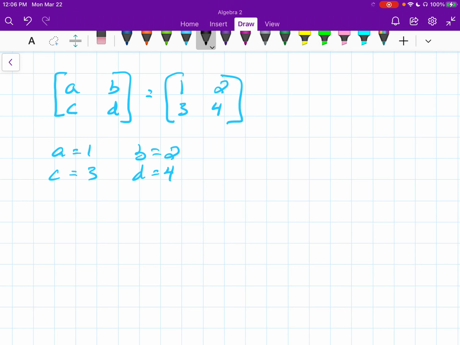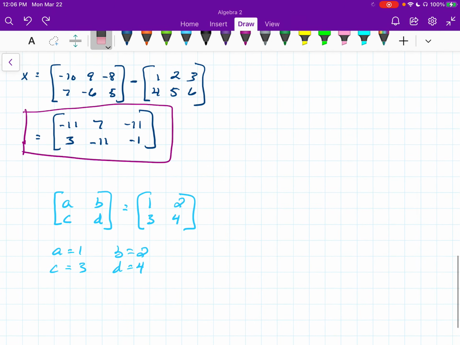Now, if it had something like a plus 2, you'd say a plus 2 is 1, and you have to solve from there. I think that'll be relatively easy for you. Again, as always, email me if you have any questions, and good luck on the homework.